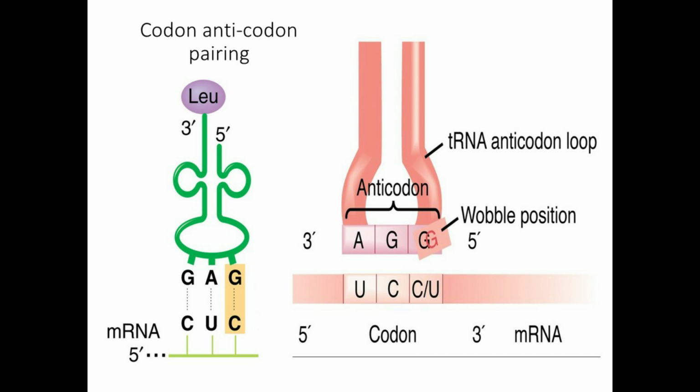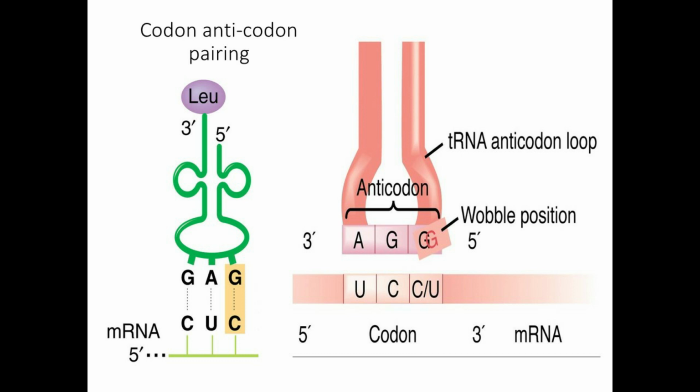In the diagram on the right also, we can see that on mRNA there is the codon, and on tRNA there is the anticodon loop which is quite enlarged in the picture on the right side. And in the anticodon of the tRNA, there will again be 3 nucleotides. Just like the codon on mRNA is a triplet, the anticodon on the tRNA will also be a triplet.